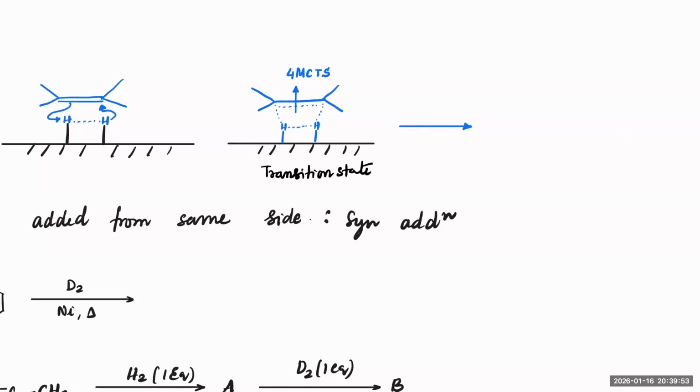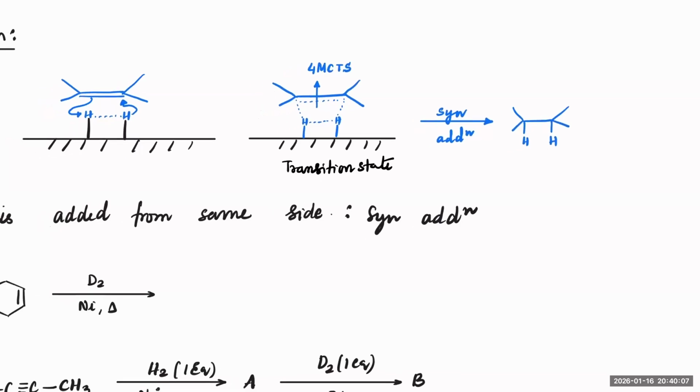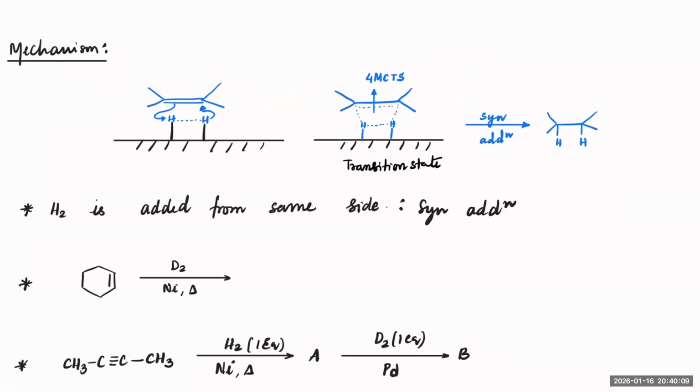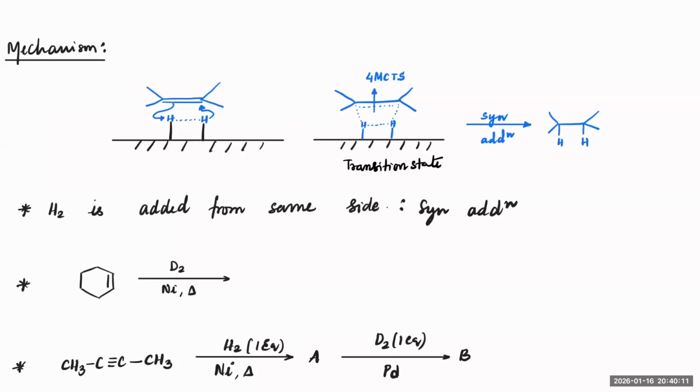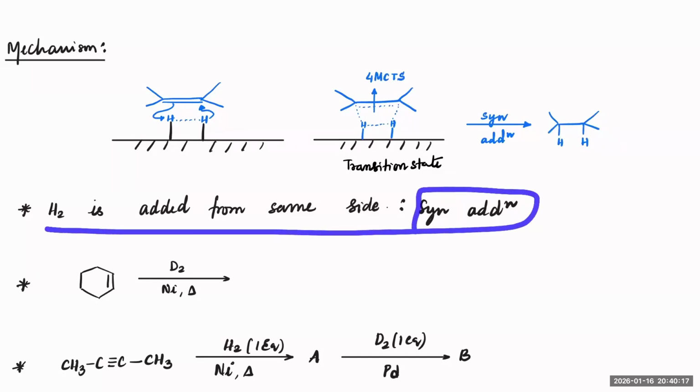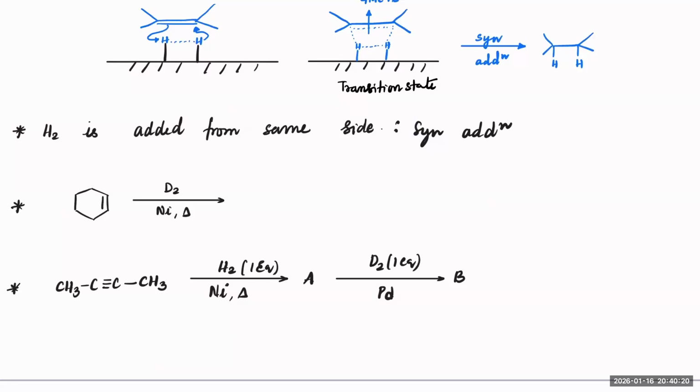When both the hydrogens add from the same direction, we call it syn addition. And thus we will have H and H getting added. This is how the product formation is observed. So you can see H2 is added from the same direction and you call it syn addition.